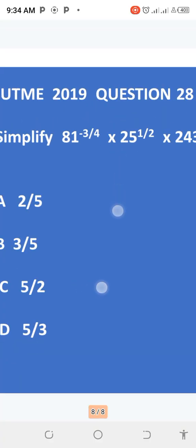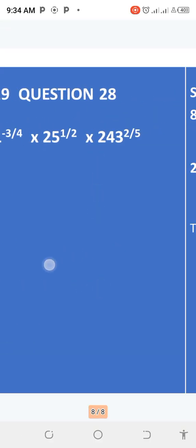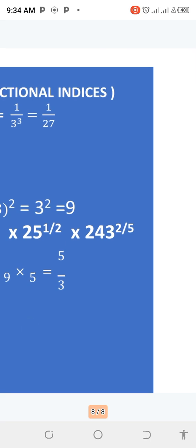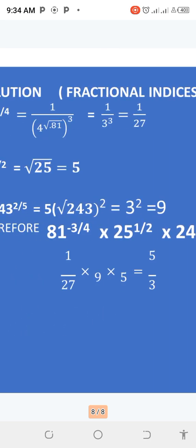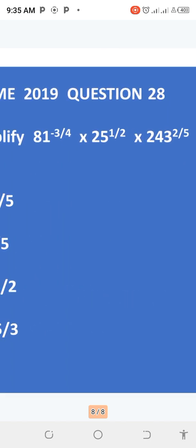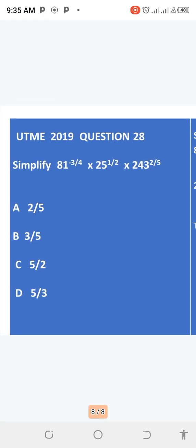Now this is another question. This is the last question in this series, and this question is taken from 2019, and it is question 28.